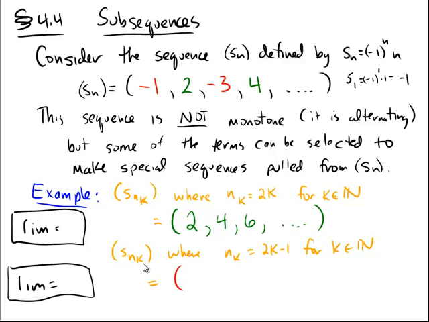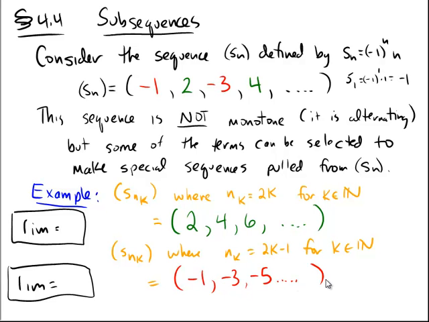Similarly, we could look at S_{n_k}, where n_k was equal to 2k minus 1. So now if k were 1, we'd have 2 times 1 minus 1, which is 1, so we'd be looking at the first term of our sequence, which is -1. If k were 2, then the n_k, the subscript on the S, would be 2 times 2 is 4, minus 1 is 3, so we'd be looking at the third term, and so on and so forth on that end.